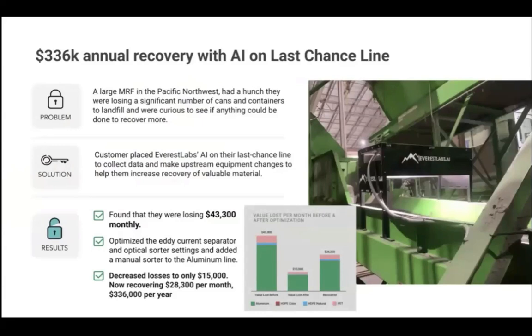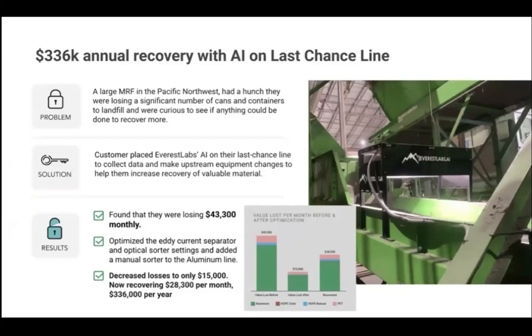After looking at different options and speaking with Everest Labs, they decided to implement our AI vision system on their last chance line, which you can see in the picture on this slide. And after having the vision system up and running for just over a month, they were really stunned to learn just how much money and material they were actually losing to landfill from their last chance line.